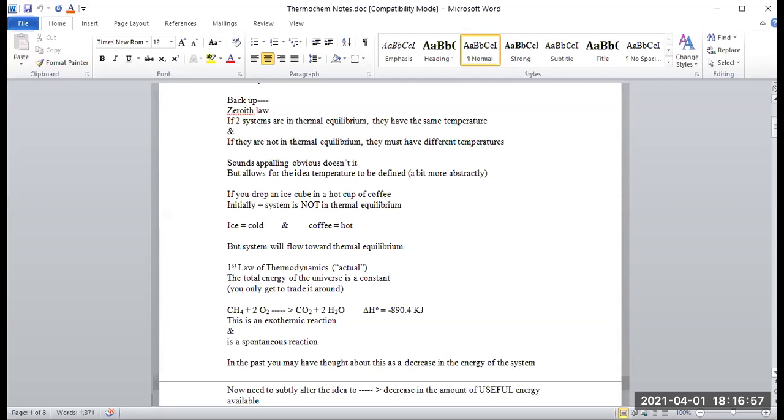So when you say the total energy of the universe is constant, that also imparts a whole bunch of other ideas, which we're not going to get too deep into, but all the energy that we have has existed since our universe began.